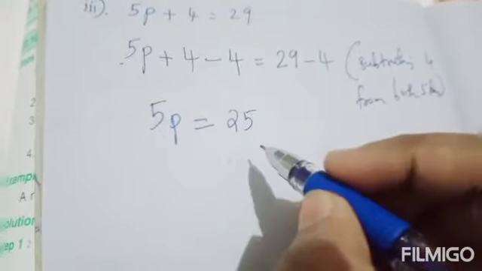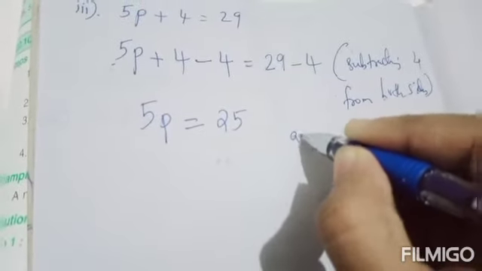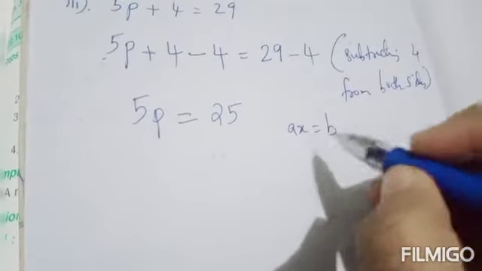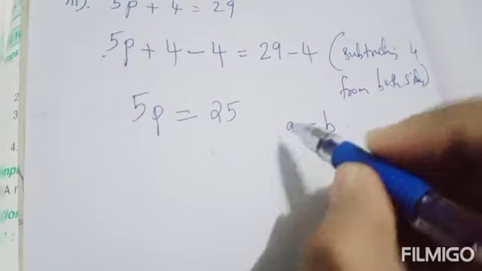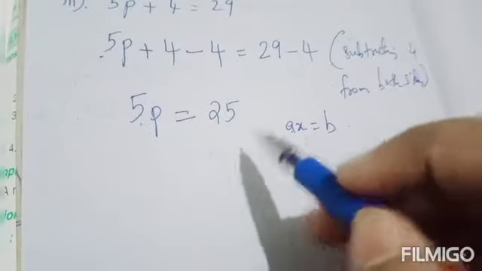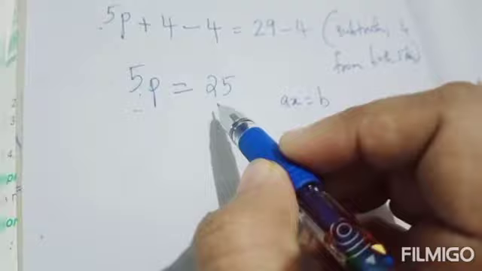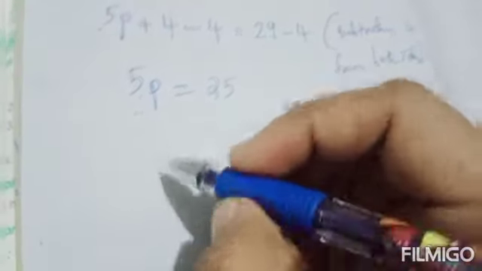Now 5p equal to 25 is of the form ax equal to b, where in place of a, 5 is coming. Comparing, you will get a equal to 5. So divide both sides of the equation by 5.